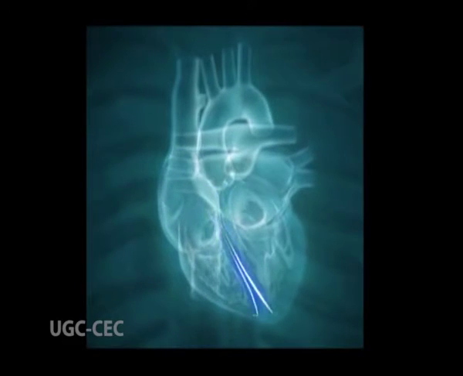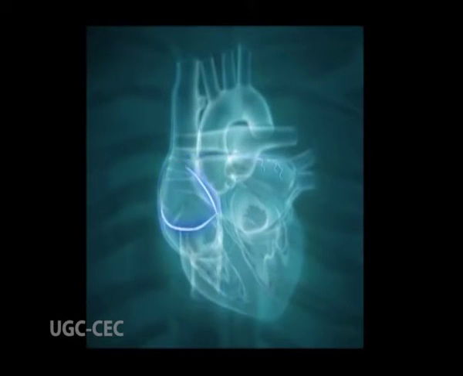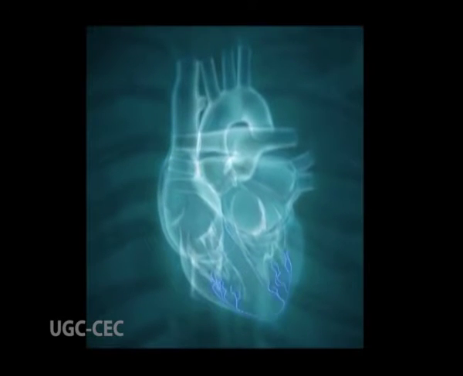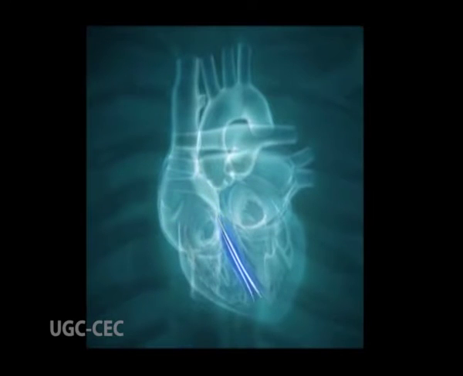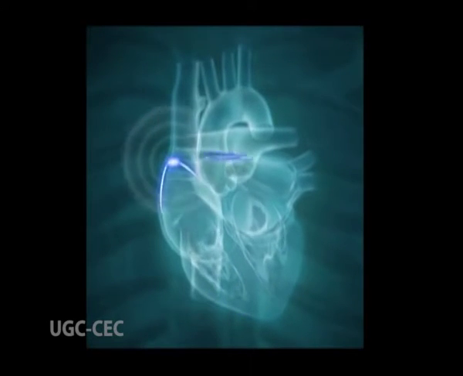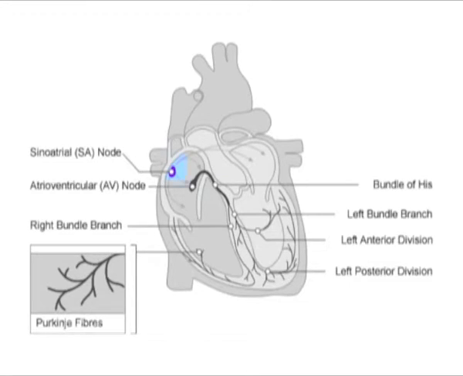Here, an electrical signal is generated that travels through the heart, causing the heart muscle to contract wherever it travels. The electrical signal from the SA node travels through the right atrium in a radial way and via Bachmann's bundle to the left atrium, such that both left and right atria contract together.